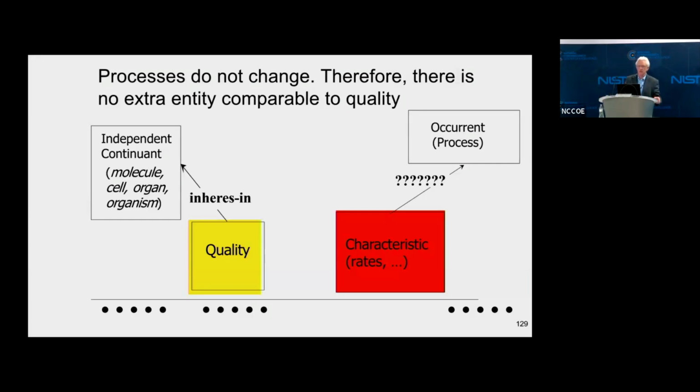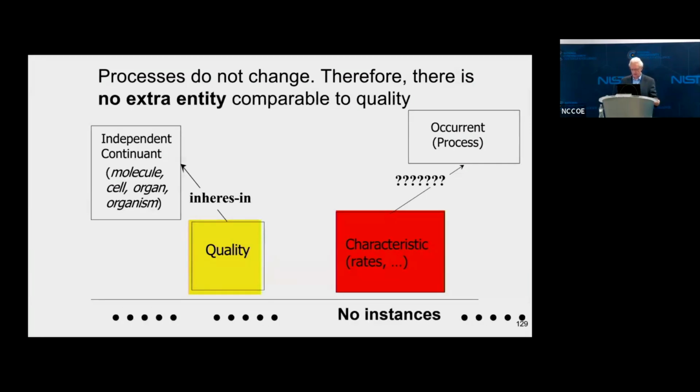And so we have introduced the facility to talk about processes in those sorts of terms by introducing the term characteristic, which is just an analog of quality in the process world, but which in fact is merely an abbreviation for a much more complicated story, which might be a differential calculus kind of story about rates.